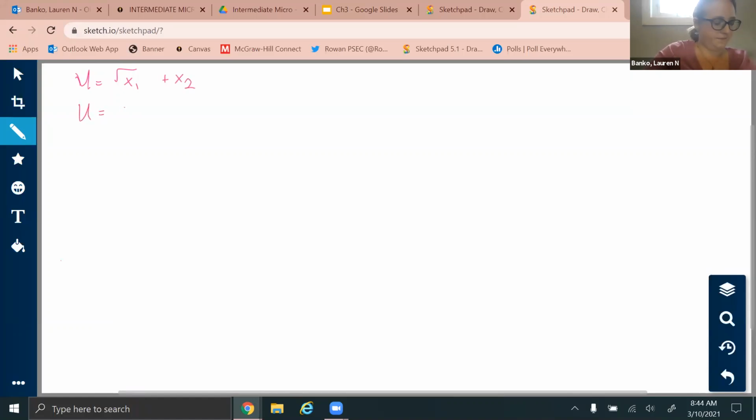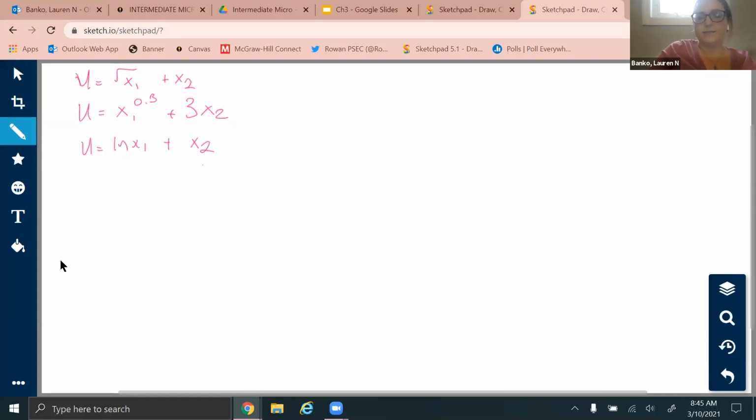It might be x1 to the 0.3 plus 3x2. So again, there's some exponent, like the square root, it could be a natural log also, so ln x1 plus x2, something like that. But this is being added to a linear portion.